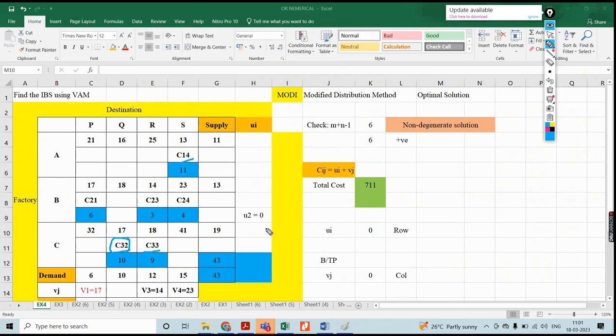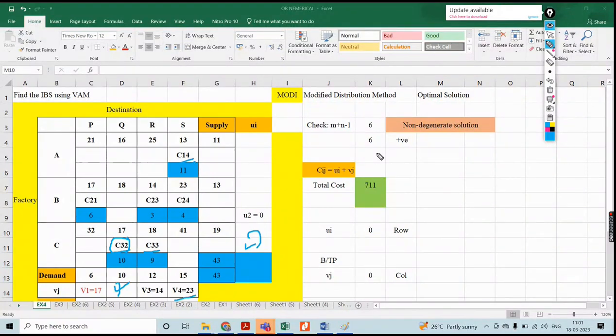Not possible, because I should know this particular column value, then only I can make the evaluation. These two are unknown. But C14, I know V4. Can I make the evaluation of U1?